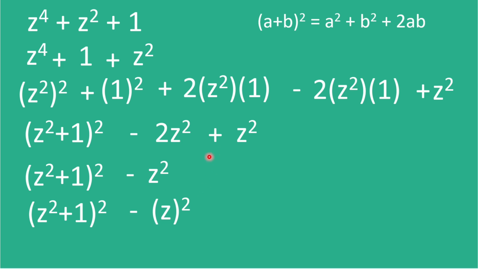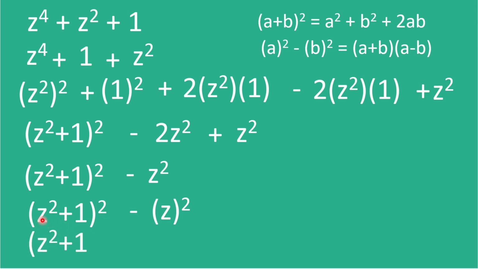So again, we can use the other algebraic identity, a square minus b square equals a plus b into a minus b. We will expand this by this formula, where a is z square plus 1 and b is z.